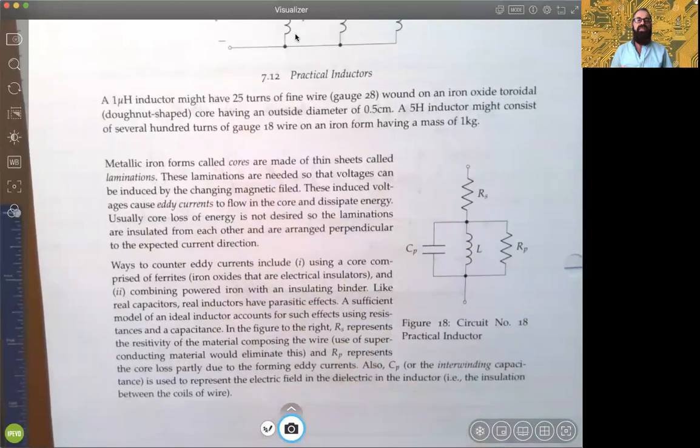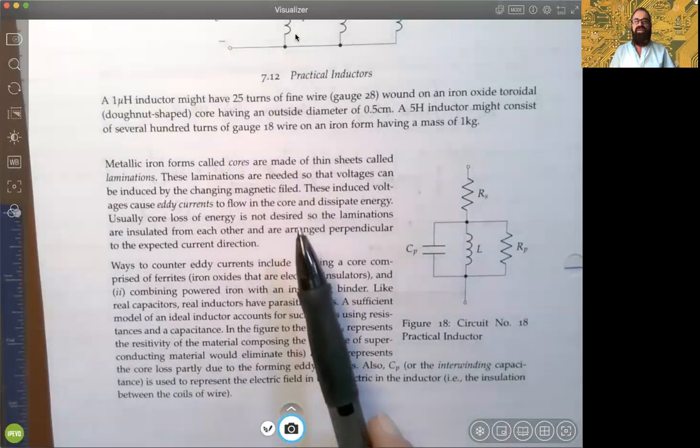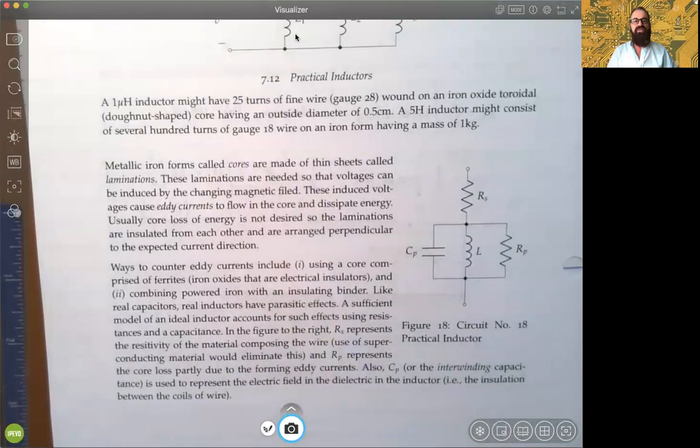So metallic iron forms called cores, again, we talked about laminations, are typically used to build these things. Sometimes though, voltages can be induced by the changes in that magnetic field, and these are called eddy currents that flow in the core, and they cause energy to be dissipated, lost, okay?